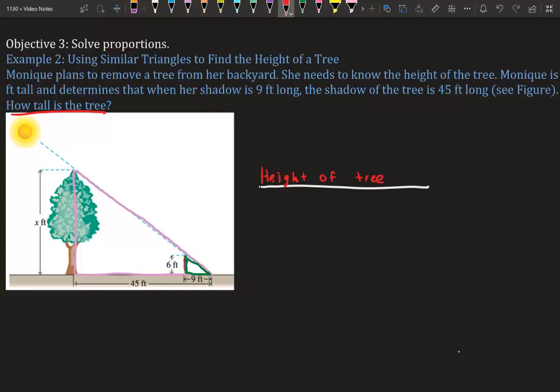So do you notice on top, we already put tree. That means when we create our fractions, the tree has to be on top. So top and bottom, left and right side, we also want them to match. On the left side, we're talking about height. So we want to compare the height of the tree to another height we have. We have the height of Monique.